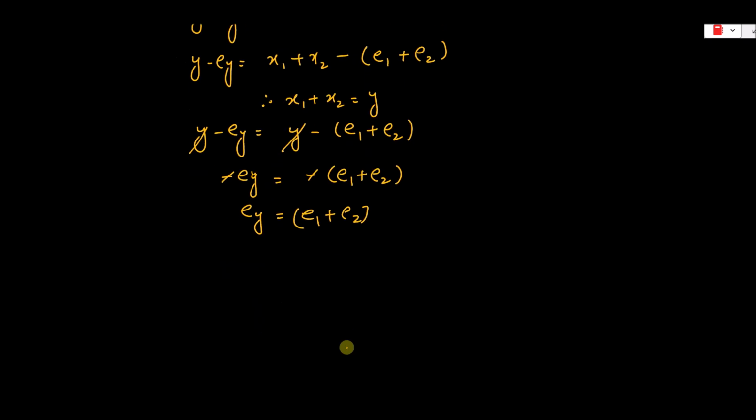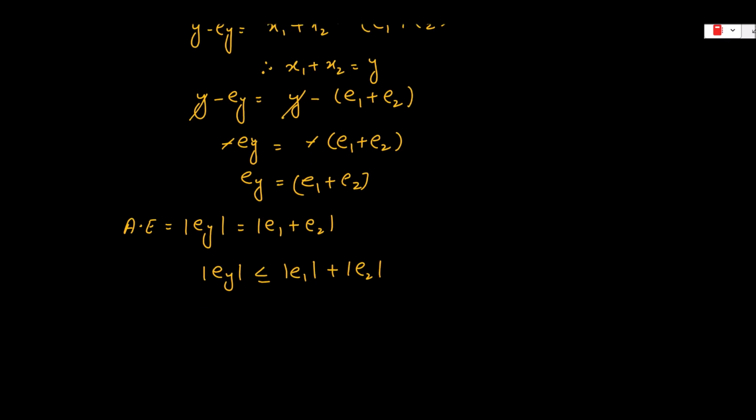So when we talk about the absolute error according to this, the absolute error is equal to mod of ey. That should be equal to mod of (e1 plus e2). So mod ey must be less than or equal to mod of e1 plus mod of e2.